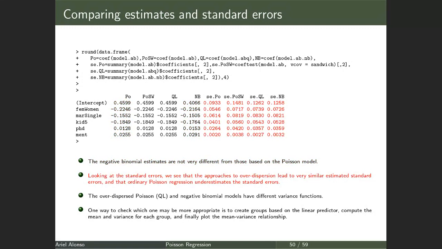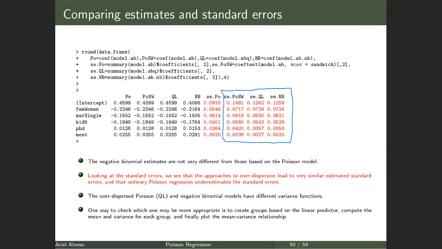Now, if you look at the standard errors, and this is now what matters, because when you are carrying out tests, of course, you need to use your standard errors. When you look at the standard error, you see that the approaches we use for over-dispersion, so the sandwich estimator, the quasi-likelihood, and the negative binomial, these three procedures over here, give more or less similar standard errors.